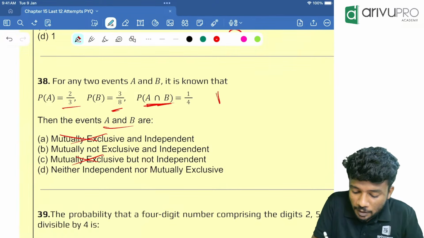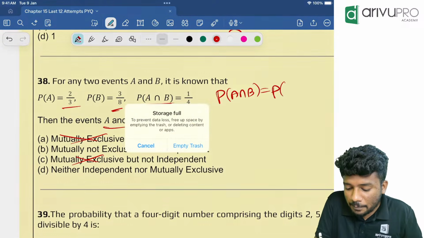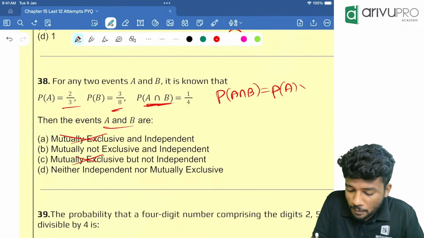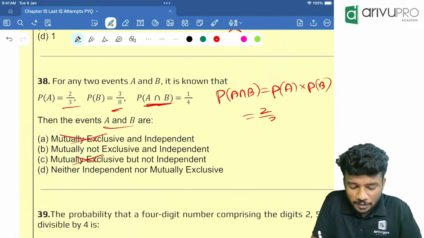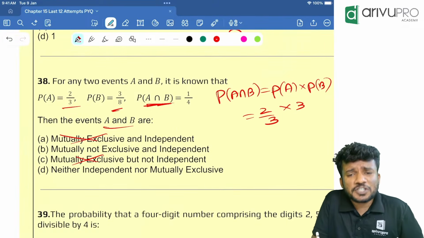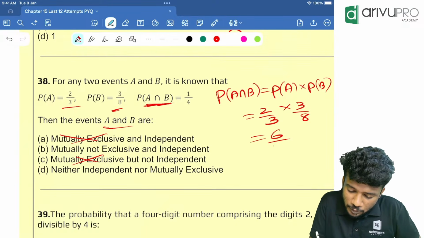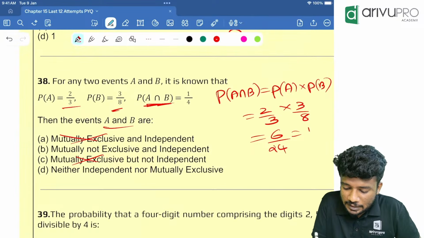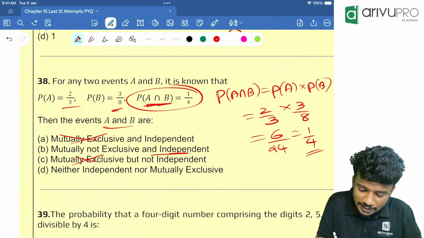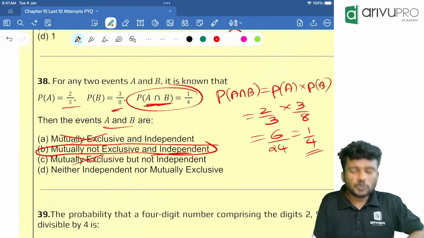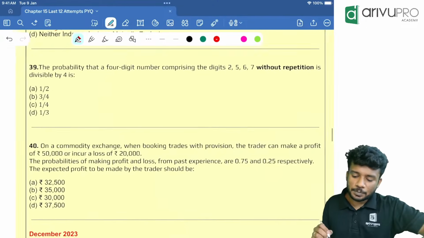Independent means P of A intersection B is equal to P of A into P of B. P of A is 2 by 3 into P of B, 3 by 8. The answer will be 6 by 24. Cancelling it off, you will get 1 by 4, which is equal to the given value. That means it is independent but not mutually exclusive. This is one of the repeated patterns of question. We have solved it multiple times.